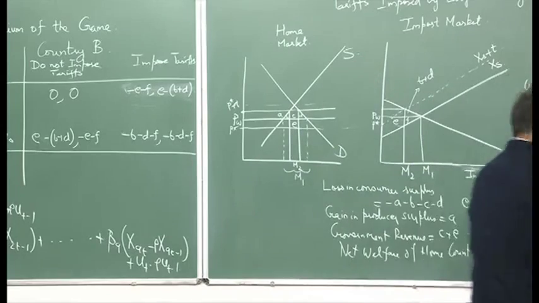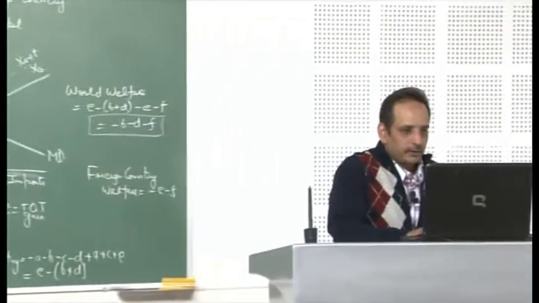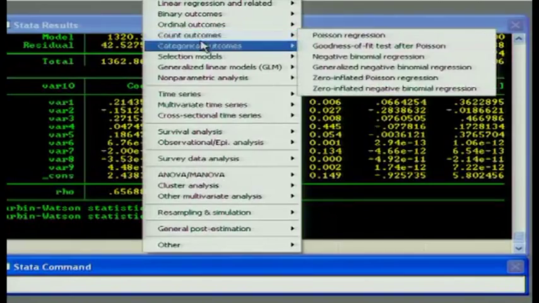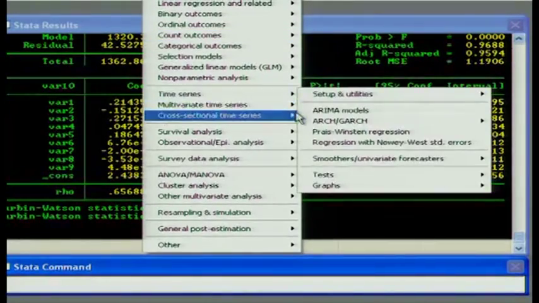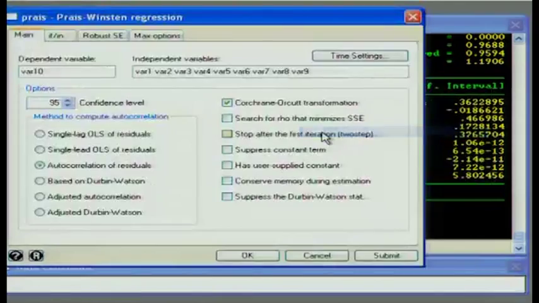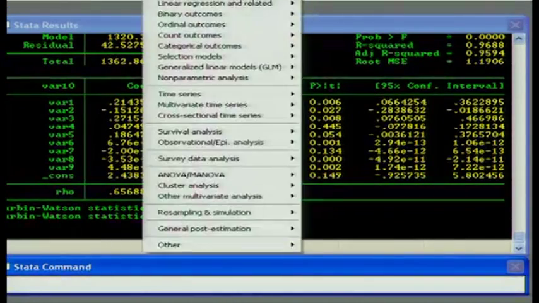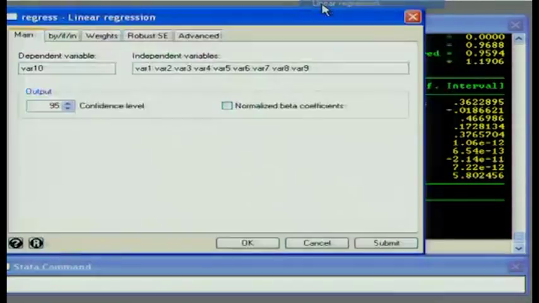For example, if I do time series Prais-Winsten and see whether I can, let me see, simple linear regression, yeah, normalized beta coefficients. It is like putting all variables on the same platform, right.